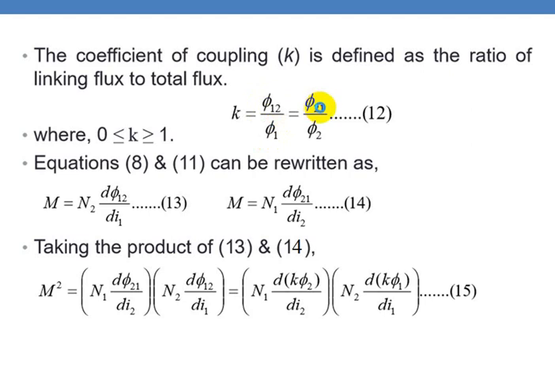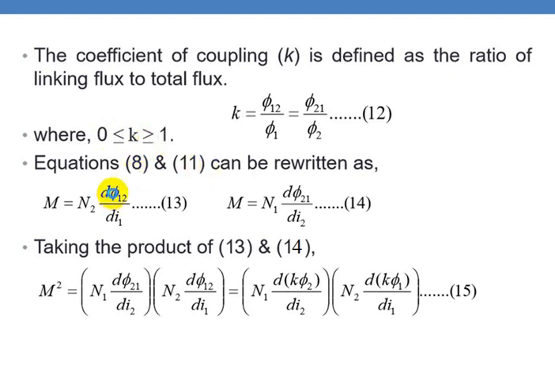Similarly, for the second case, the flux linking the neighboring coil is phi 21 and the total flux produced by the coil is phi 2. So the coefficient of coupling K will be greater than or equal to 0 and less than or equal to 1. It lies between 0 and 1.